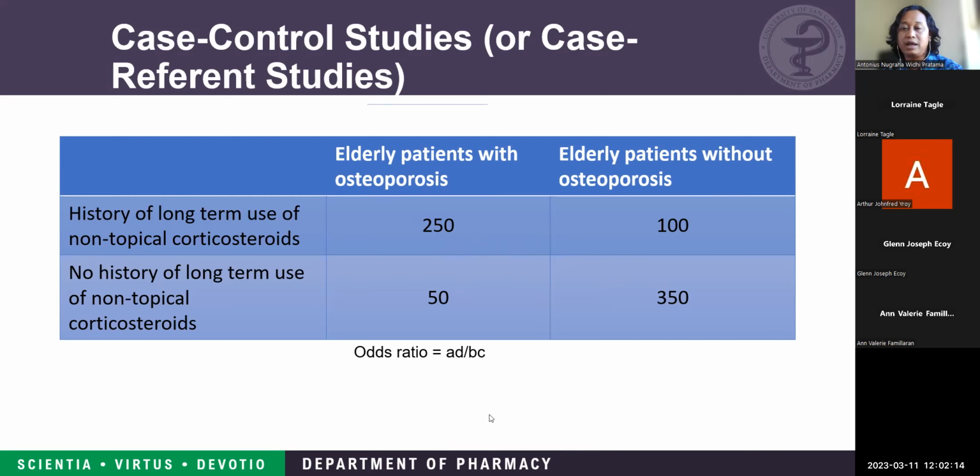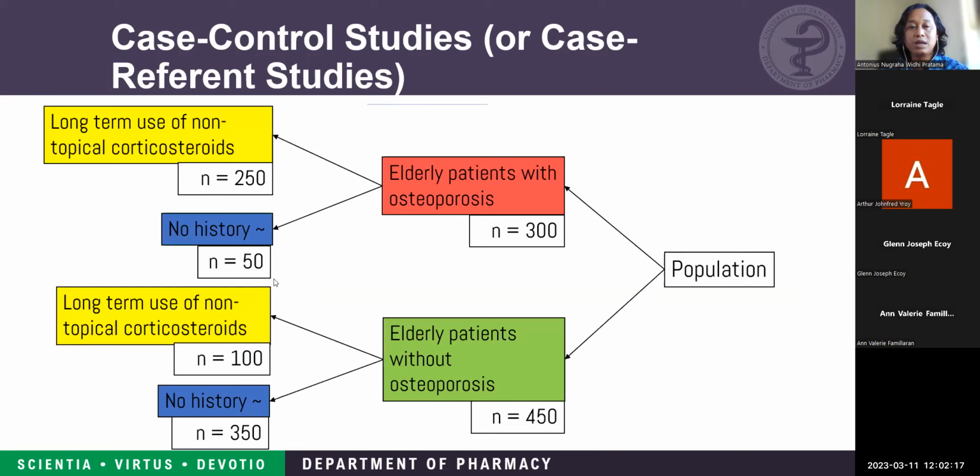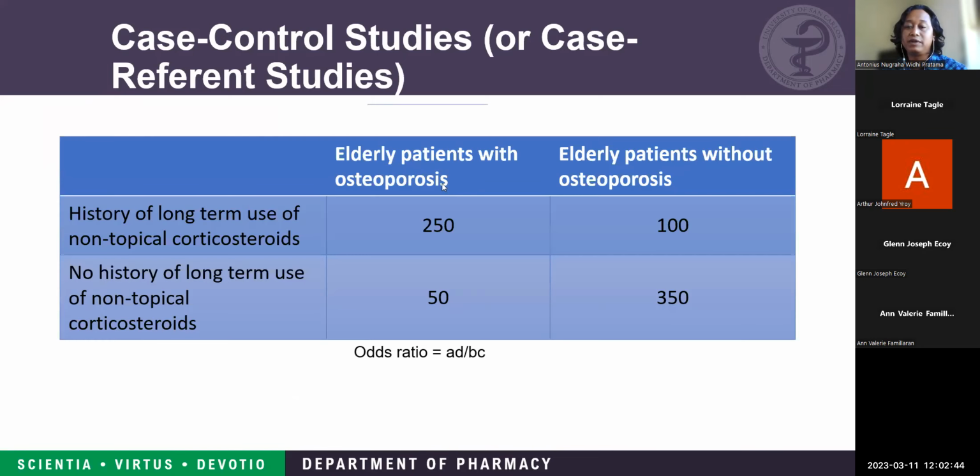So this tells us that the long-term use of non-topical corticosteroids may increase the risk of developing osteoporosis in elderly patients 17.5 times higher.